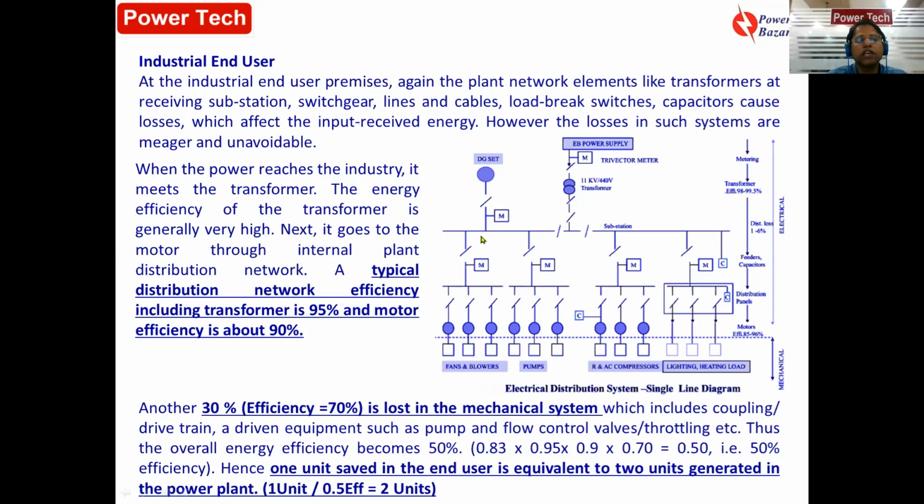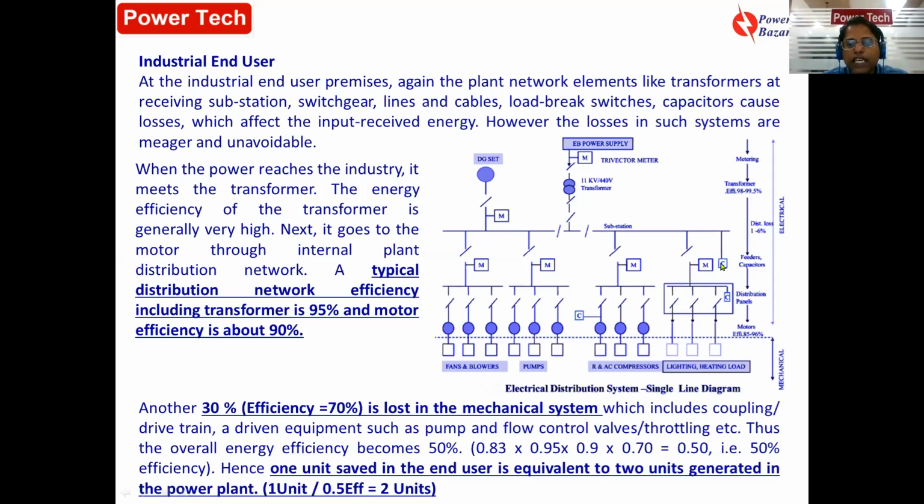Sometimes in synchronized condition, both the DG set and the electrical power supply can work together, provided there is a synchronization relay which can synchronize both supplies at one phase sequence and almost equal voltage.